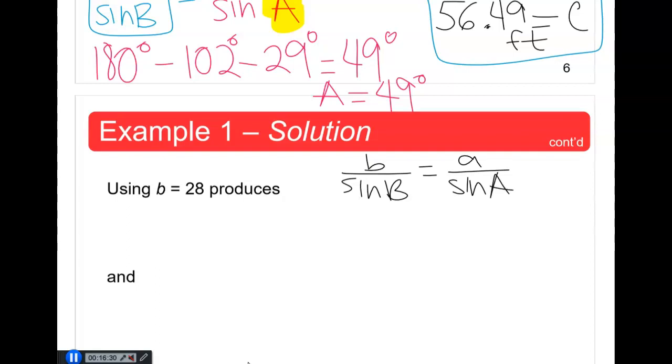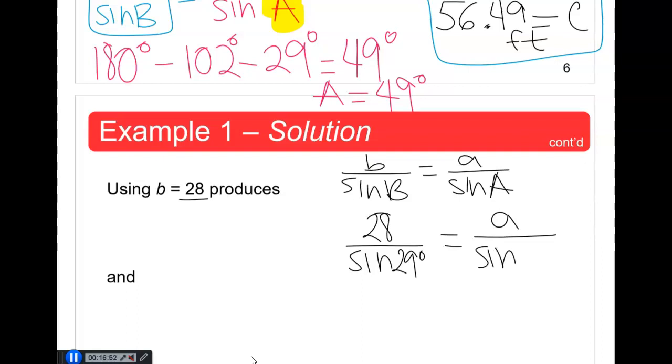So we're going to substitute lowercase b with 28 feet. And then angle B is 29 degrees. So I'm going to substitute uppercase B with 29 degrees. And then I'm going to have A, that's what I'm solving for, the side. And I'm going to divide by angle uppercase A, which is 49 degrees.